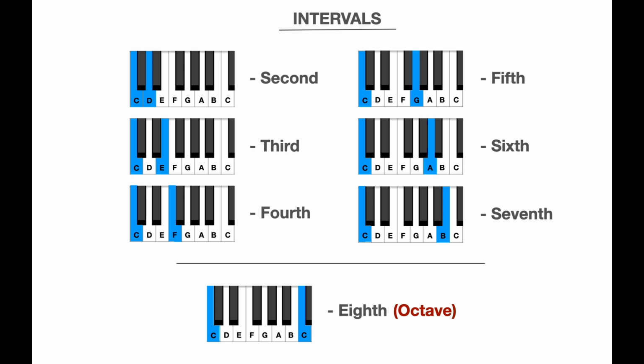So if we take a look at this chart of intervals, we can see that if we move from a C to a D, this is an interval of a second because there are 2 notes involved.